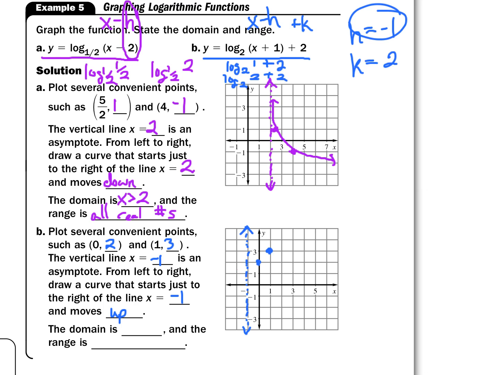Again, I approach, but I don't touch my asymptote. Then it starts to kind of taper off, but it keeps going up into infinity as it goes to the right, and down to infinity as it goes to the left. So the domain is x is greater than -1, because it's only to the right of -1, and the range is all real numbers. Okay, and that takes care of all of our basics for logarithms.